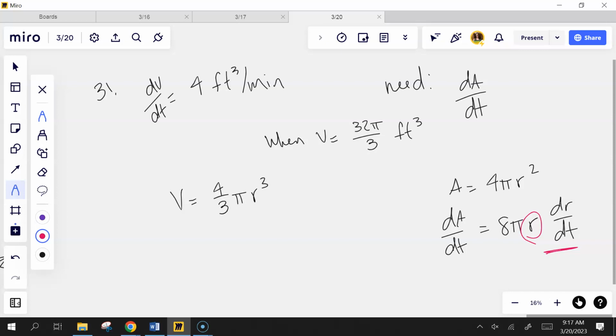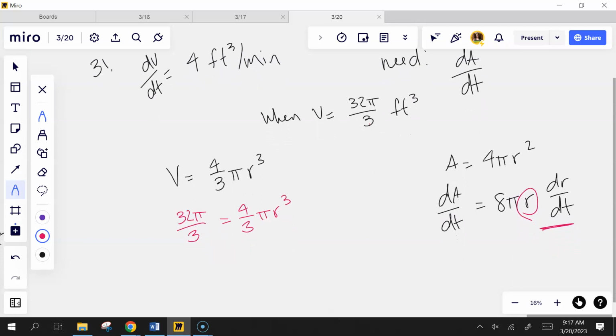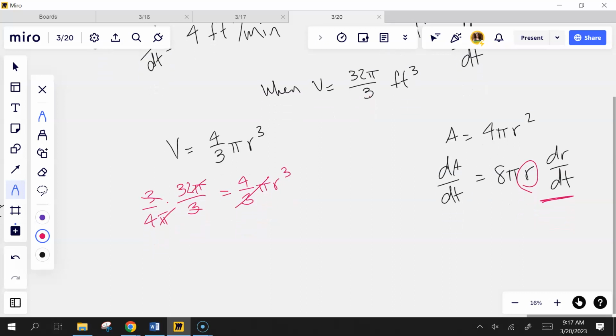For one, if volume is 32 pi over 3, what's the radius? I'm going to multiply by 3 over 4 pi. Does that make sense?